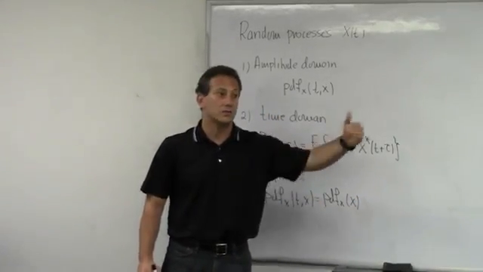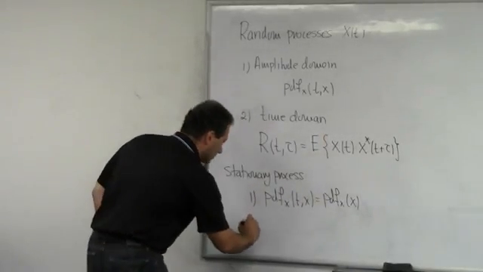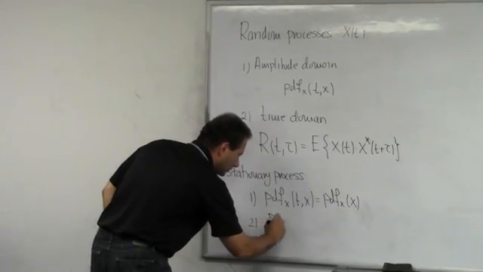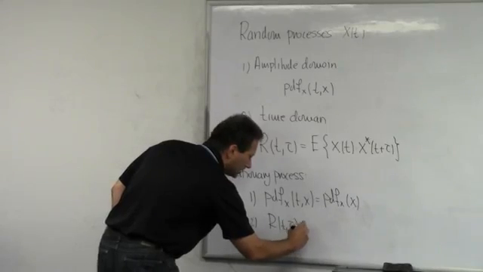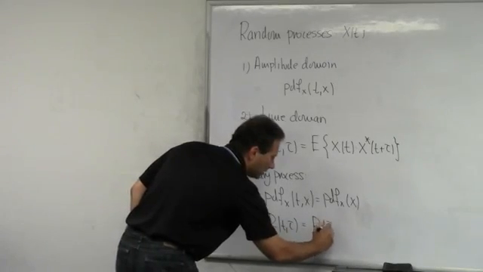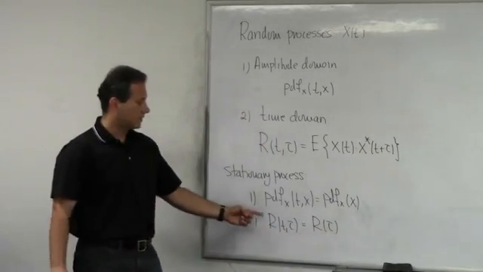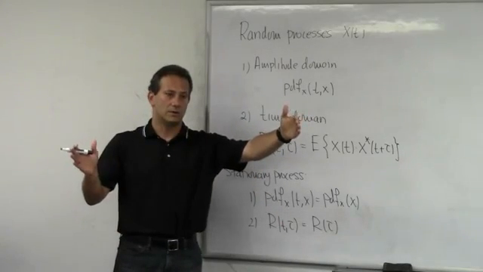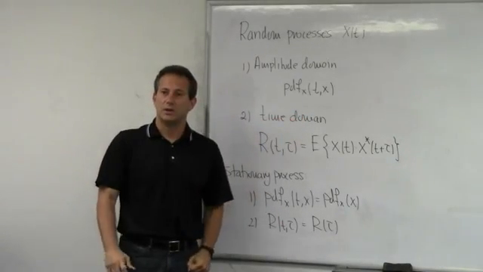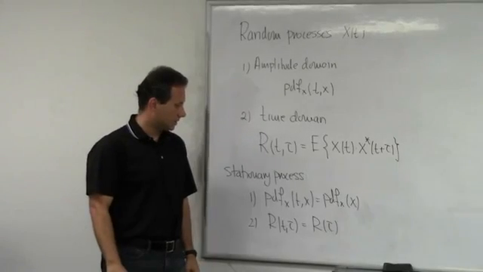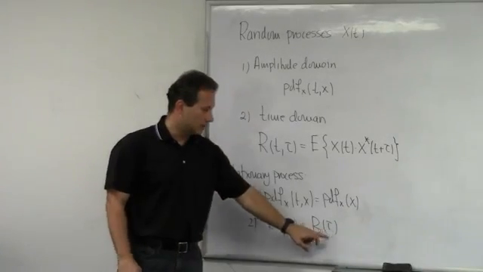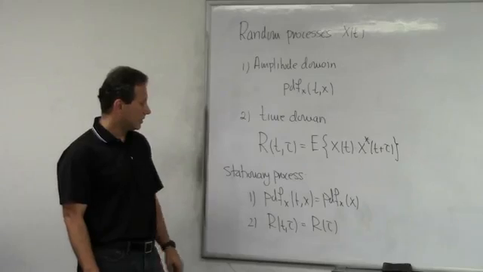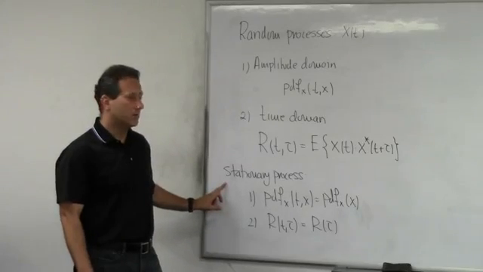It does not change over time. And then the second condition is that R of t tau is essentially just R of tau, where your autocorrelation function does not depend on t either, but just on a separation between the two samples in a time domain. So it's only dependent on tau, but not on t. So that's what we call stationary process.